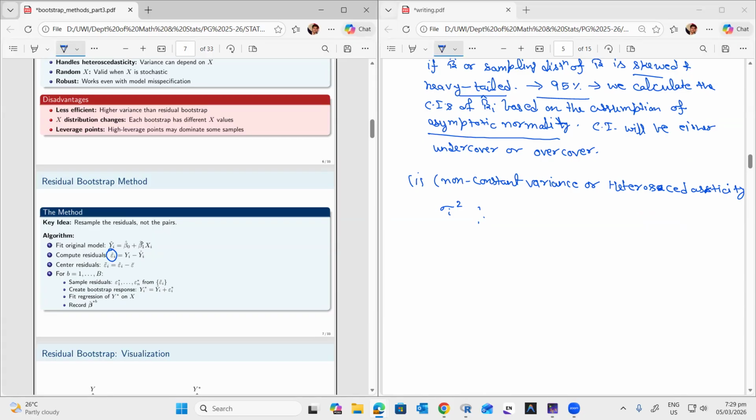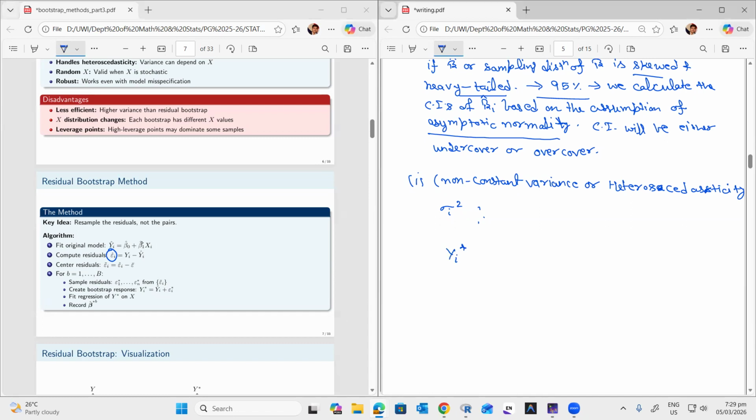Then we resample epsilon i star, usually with replacement as we have done earlier, and then we compute yi star equals xi' beta cap plus epsilon i cap star.